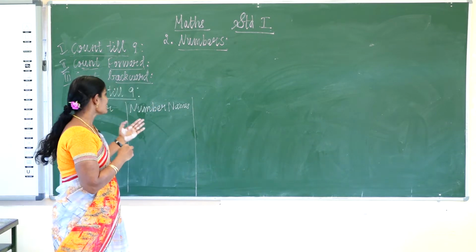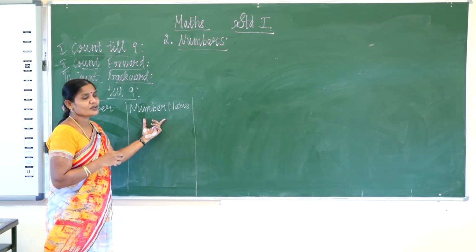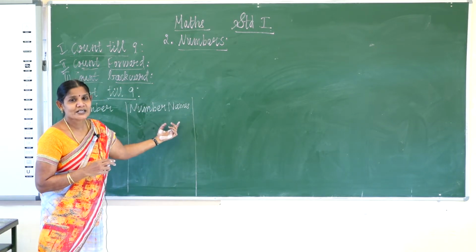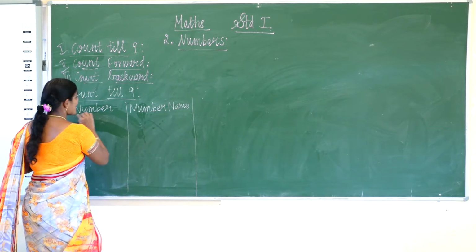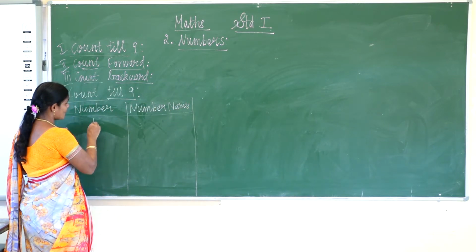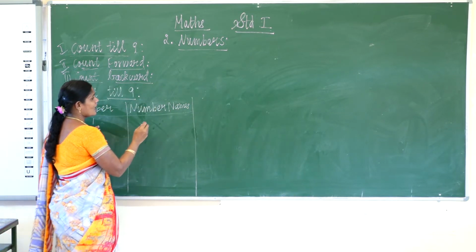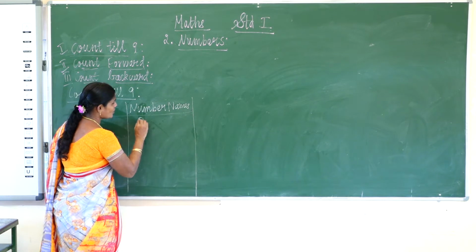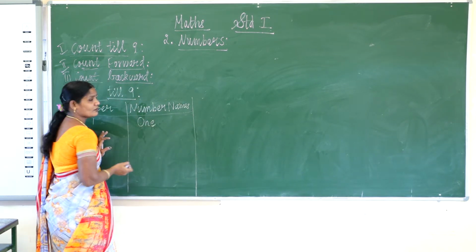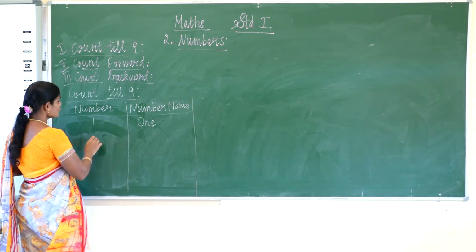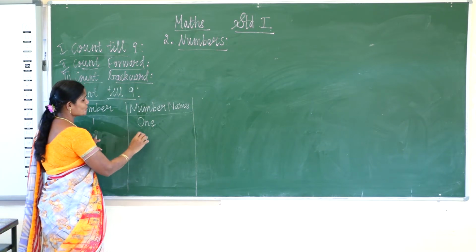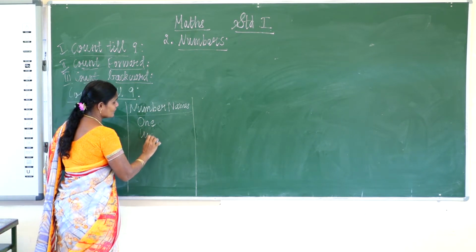So the number names also you have to write. Start with the first number. 1. How do you write 1? O-N-E, 1. Then 2. What's the spelling for 2? T-W-O.